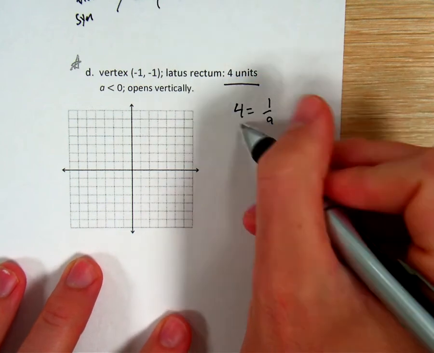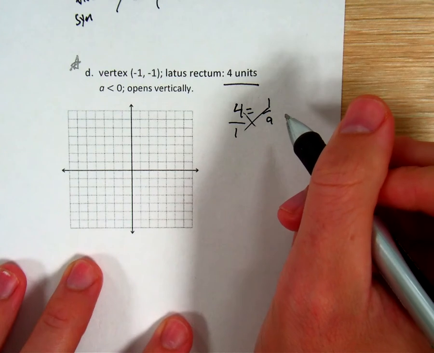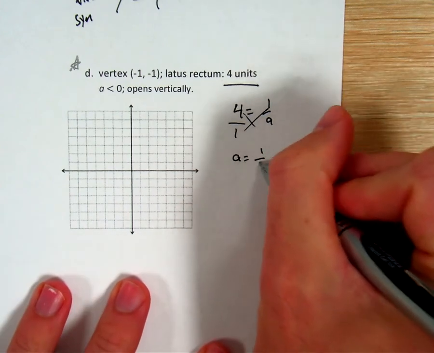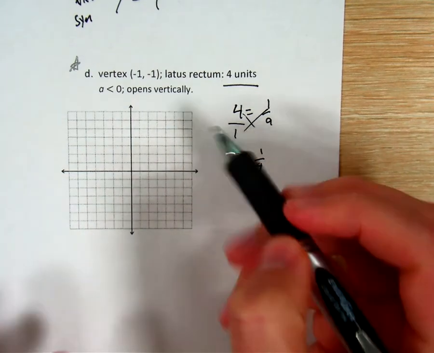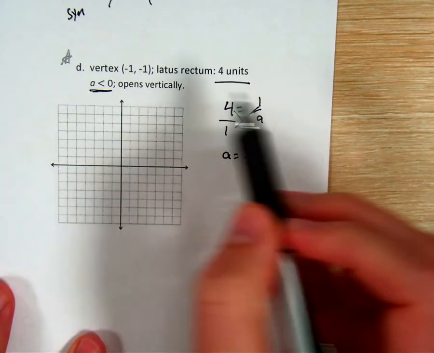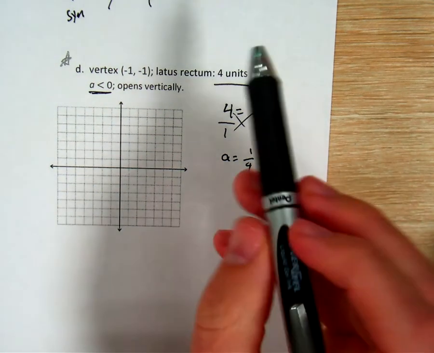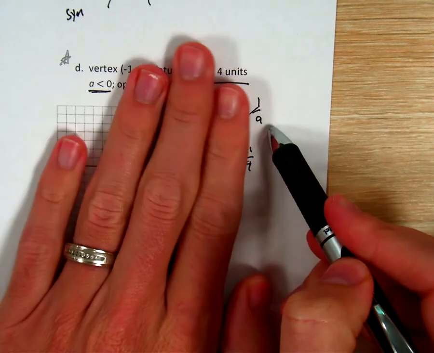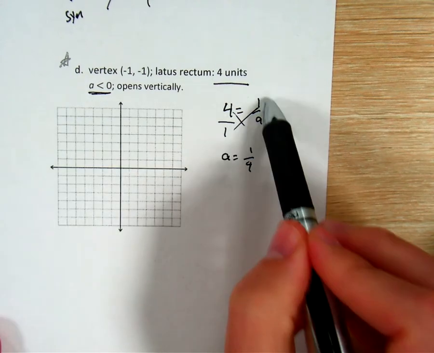So how would I solve this? You can multiply a up, divide 4 down, or if you want to change this to 4 over 1 and look at it as a cross multiply and divide situation, our a is going to be 1/4. It's a vertical one, so it's going to be either opening up or opening down. Our a value here is less than 0. Remember that formula from the book where the length was 1 over a, that was an absolute value, so you don't really have a way to tell.